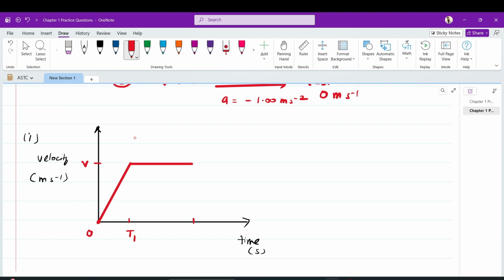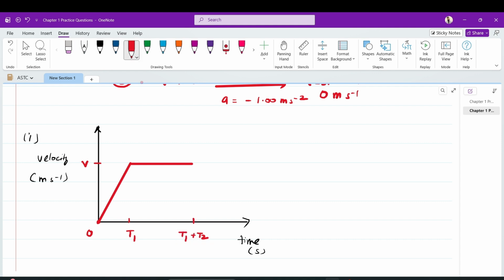Okay, so now it says for t2 seconds. So he has given us the duration, but what will be the time at that point? The time will be t1 plus t2. So t2 is the duration for this part of the journey, but the actual time is going to be the sum of these two times, right?